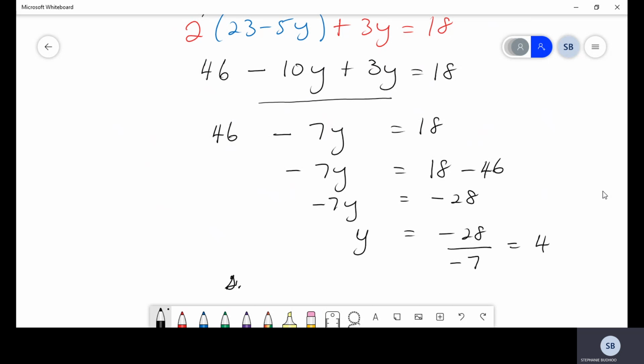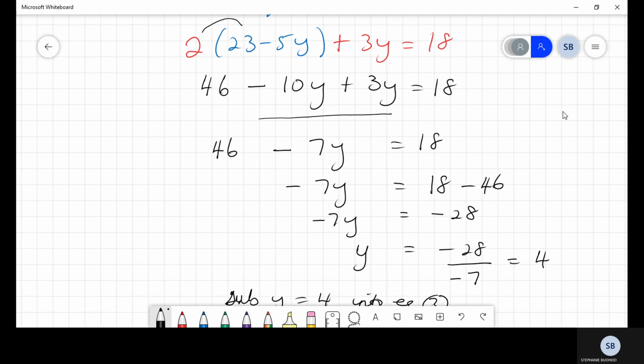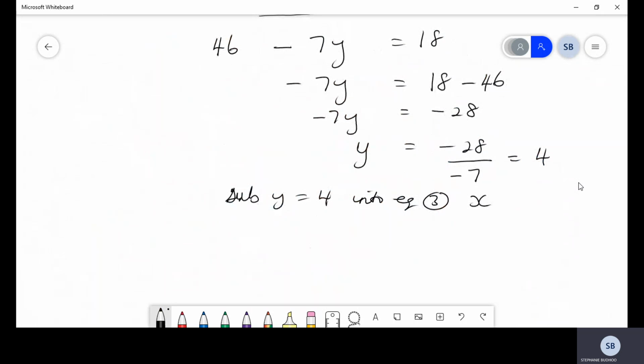We are going to substitute y being equal to 4 into our equation 3. Let me just scroll up back to see what our equation 3 was. It was x is equal to 23 subtract 5y. Right.